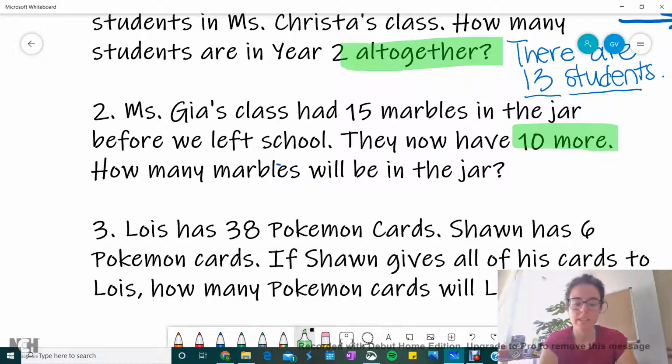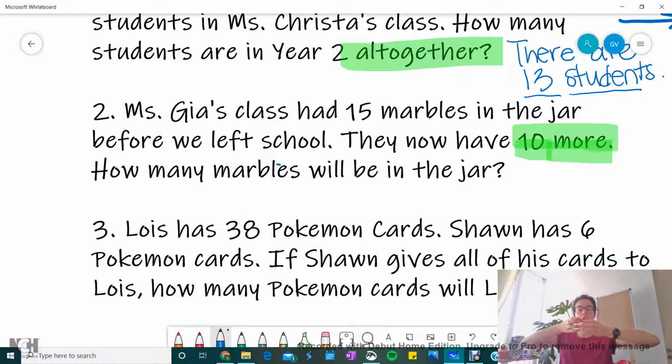This group here where it says a number like 10 and then more. So anytime you see a number more, we know that we are going to add or use addition. Because we have the group, the 15 marbles in our jar, and we are going to put 1, 2, 3, 4, 5, 6, 7, 8, 9, 10 more into the jar. So we have to add 15 plus the 10 more marbles.